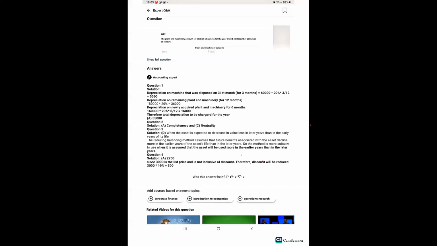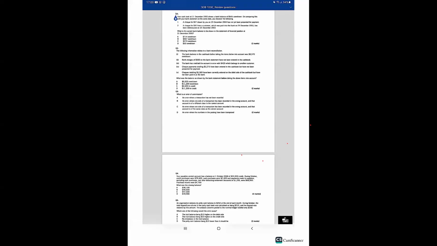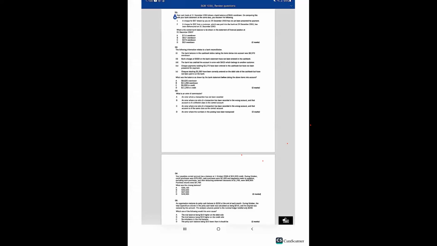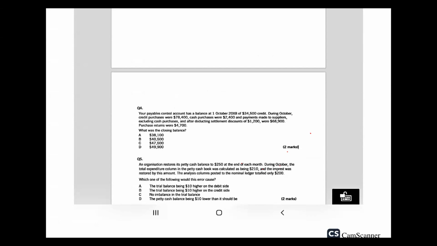Are the expenses shown on the debit side of the trial balance? Yes, sir. So the expenses are shown on the debit side of the trial balance, isn't it?